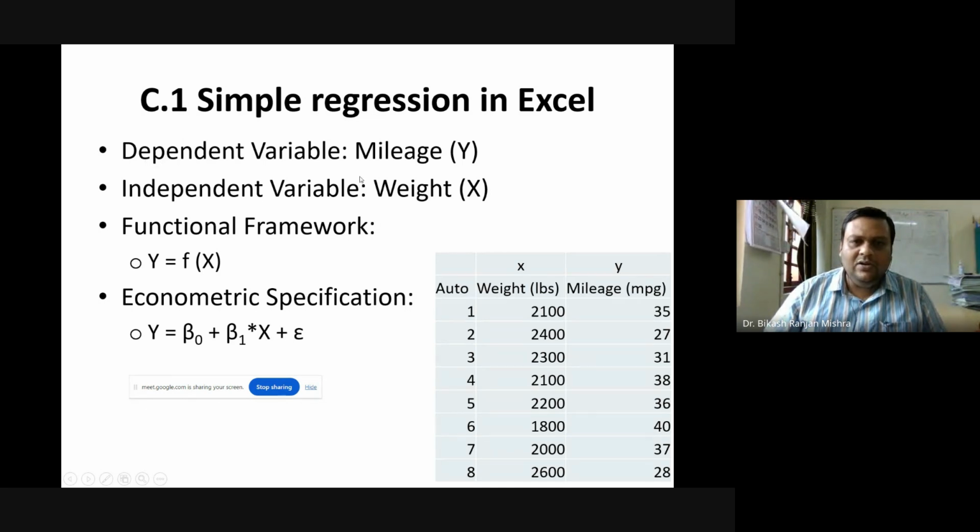We have to find out which one is the dependent variable: whether mileage is a function of weight or weight is a function of mileage. Here a problem arises, as it is completely on the basis of our reasoning. Sometimes econometricians say that econometric analysis is futile unless there is an economic theory.